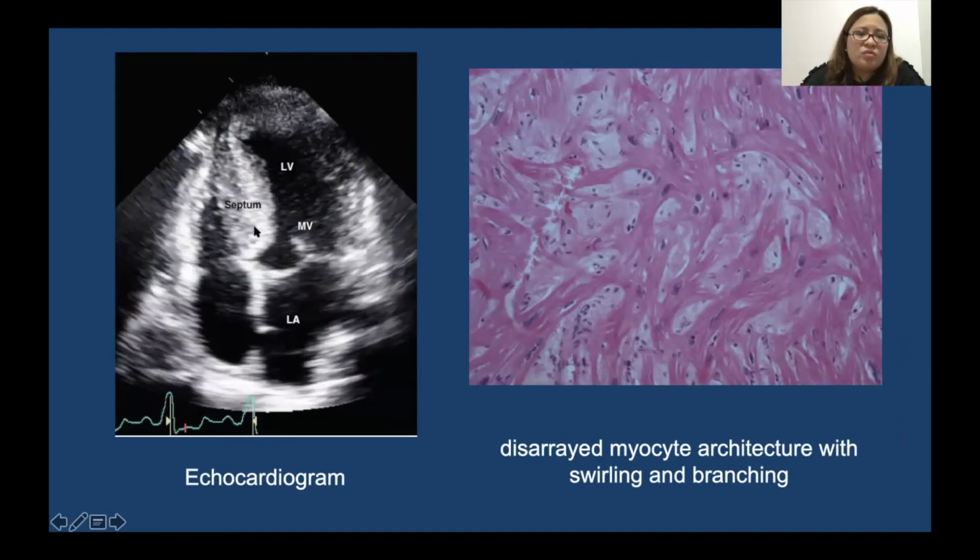The septum is hypertrophied more than the free wall of the left ventricle. The LV cavity remains normal or sometimes it is obliterated. Also, on histopath, you can see a disarrayed myocyte architecture with swirling and branching.